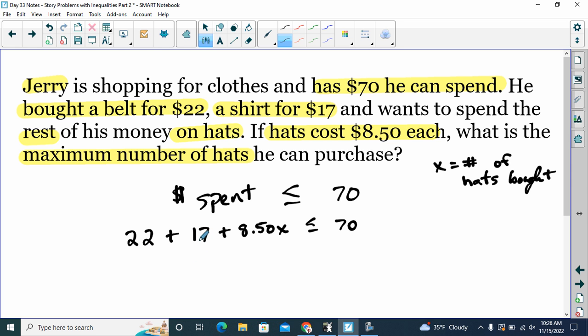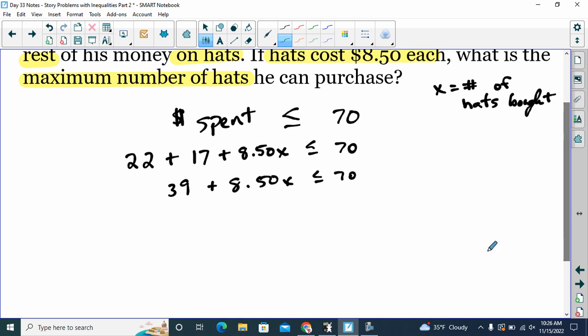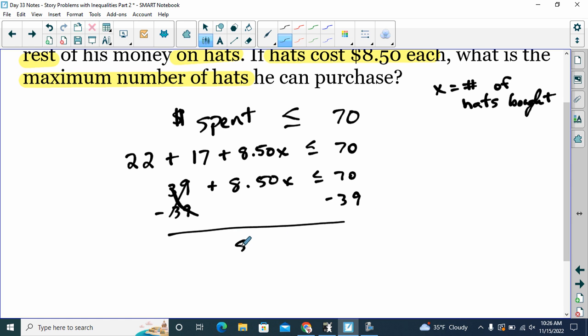22 and 17 are on the same side. Those are like terms. We just combine them. Subtract 39 from both sides. And divide both sides by 8.50.